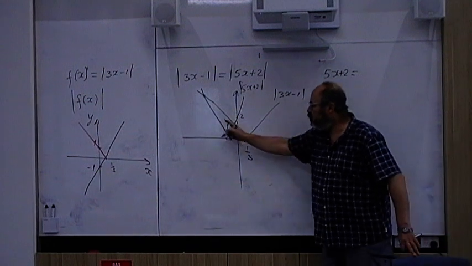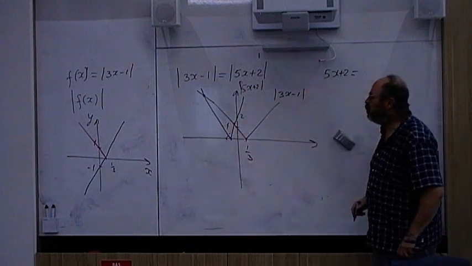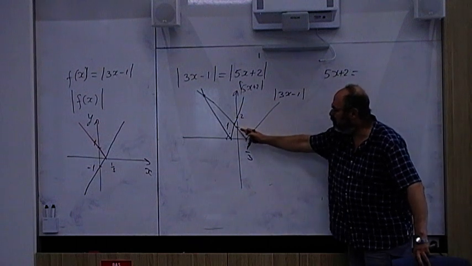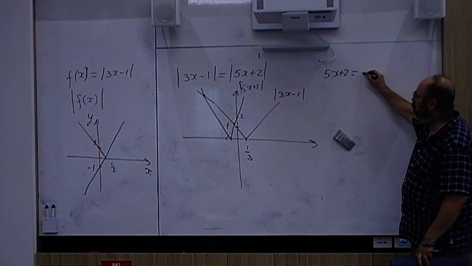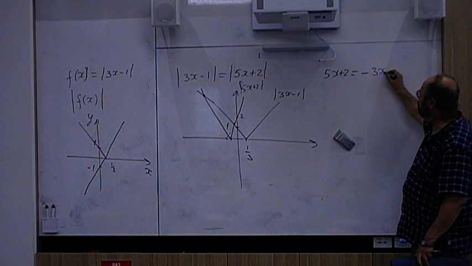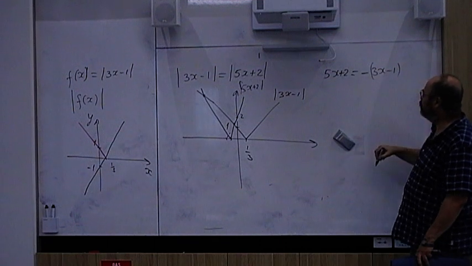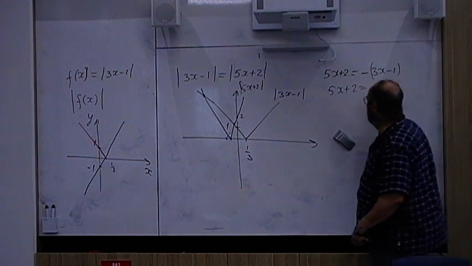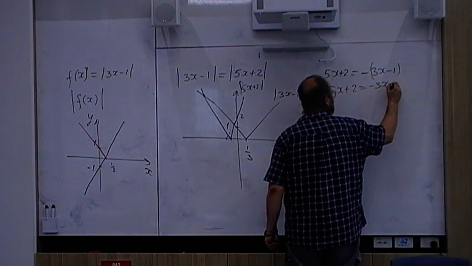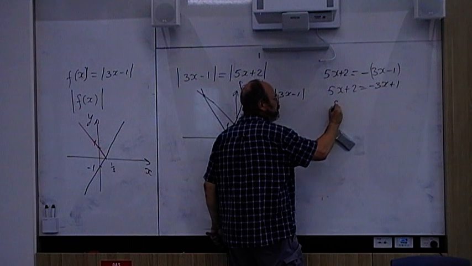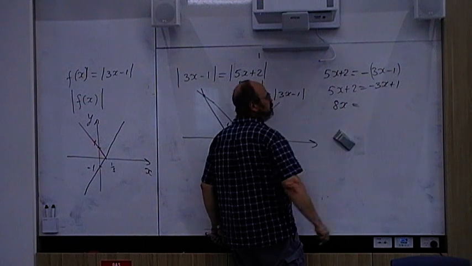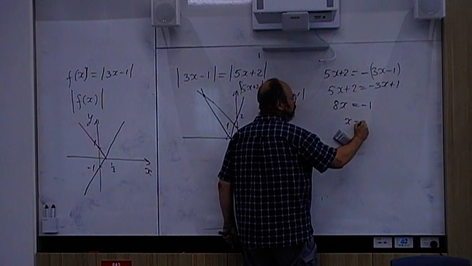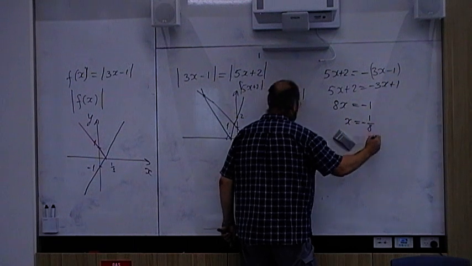But this branch was reflected, so we change the sign: equal negative 3x plus 1. We solve it. We have 5x plus 2 equal negative 3x plus 1, which makes it 8x equals negative 1, x equal negative 1/8.